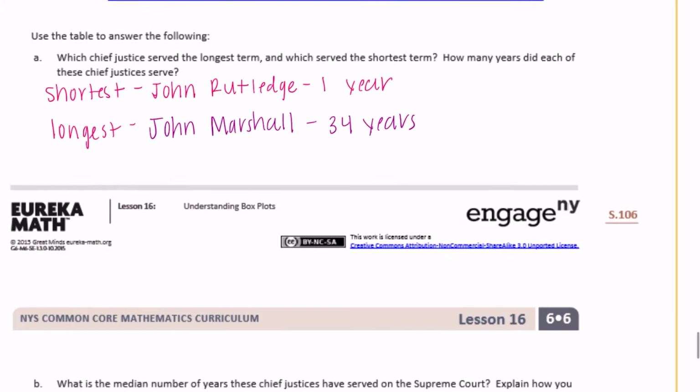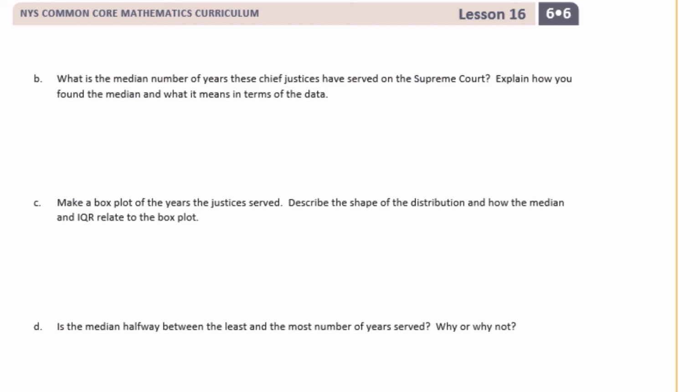B, what is the median number of years these Chief Justices have served on the Supreme Court? Explain how you found the median and what it means in terms of the data. So for the median number of years, what we are going to do is list them in order from least to greatest.